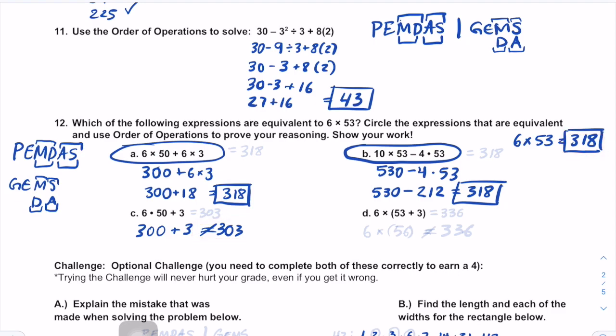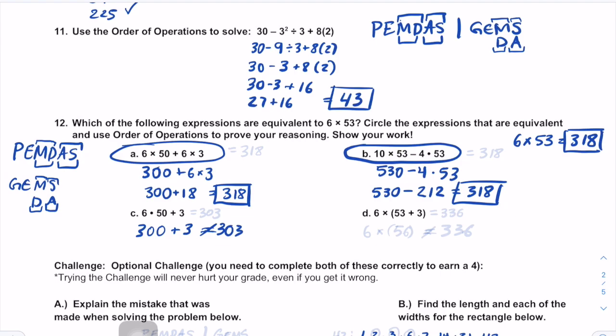Moving on to D, I see that there are two operations, but there's also parentheses, so that is our third operation. And looking at PEMDAS and GEMS, we know that we have to do anything in parentheses or any groupings first, so we'll go ahead and solve for 53 plus 3. I know that this is a little confusing because you see addition, you see multiplication, and you would think, oh, I shouldn't solve that yet, but anything inside parentheses is going to come before anything outside of it.